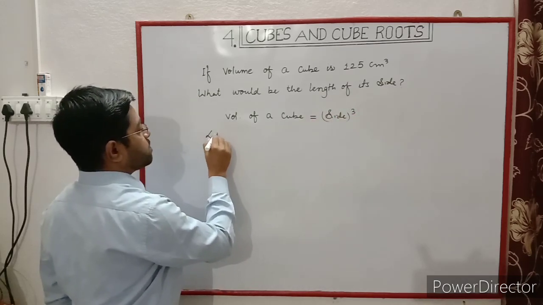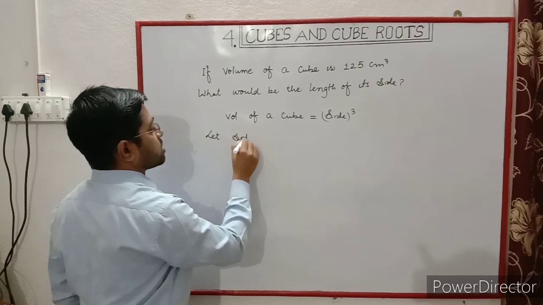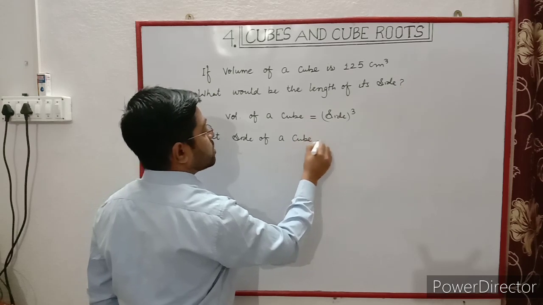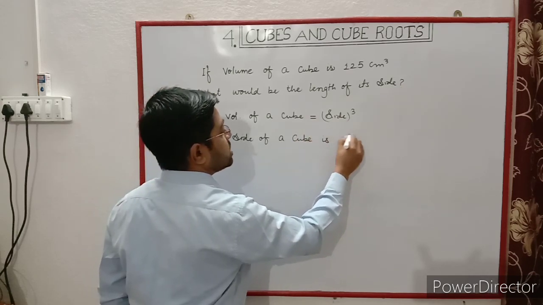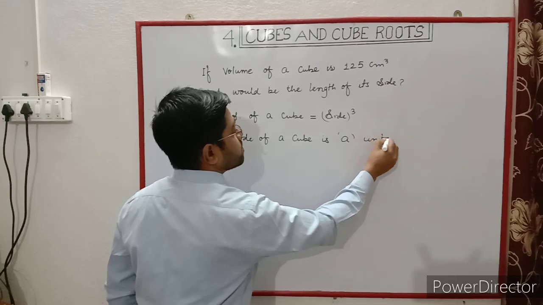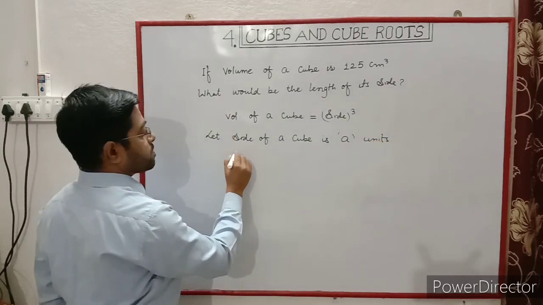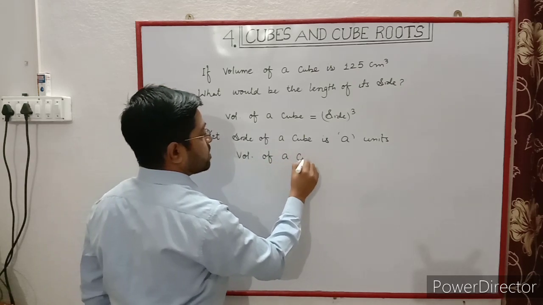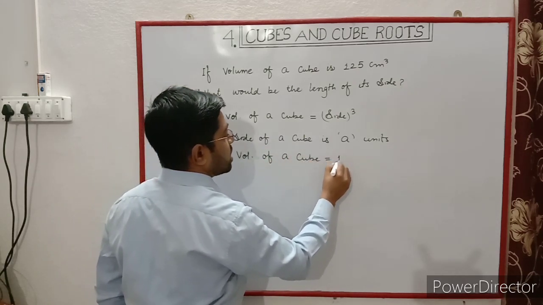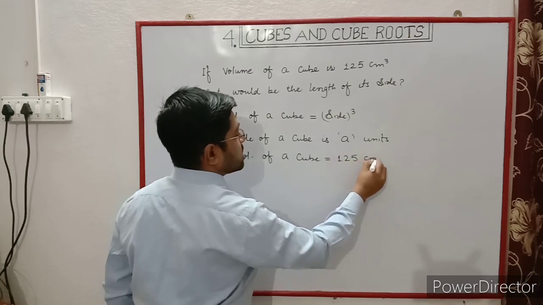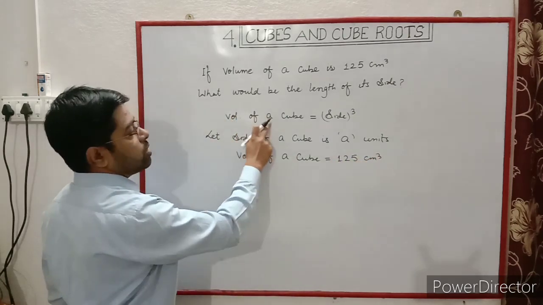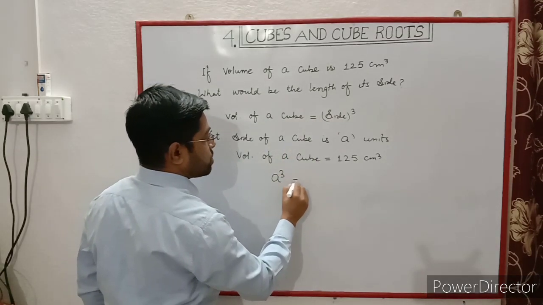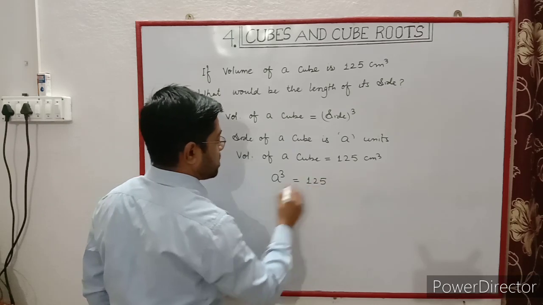Let side of a cube is A units, then volume of a cube is given 125 centimeter cube, and we know that volume of a cube is equal to side cube. So A cube is equal to 125.